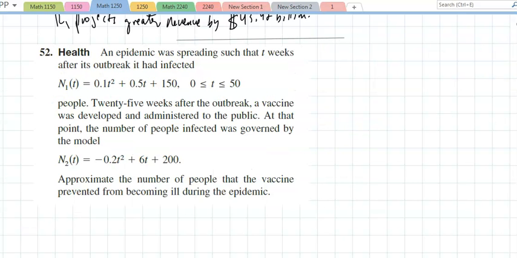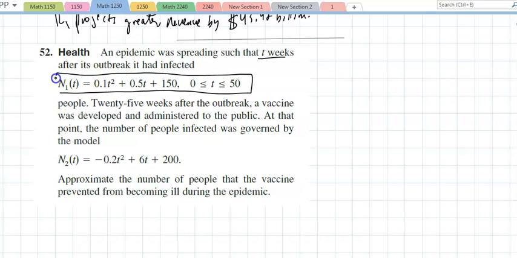The next problem is not really an economics problem, it's more of a pandemic, but since we are in this outbreak, I thought it should help. An epidemic has spread such that t weeks, so t is in weeks, after the outbreak, it had infected that many people.